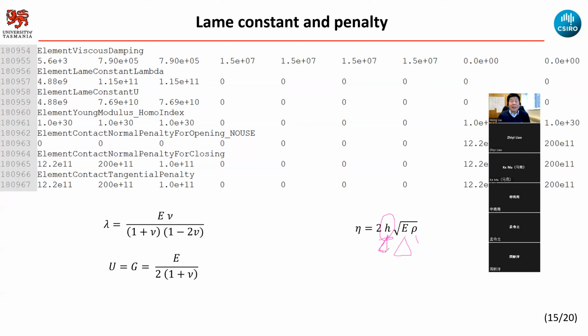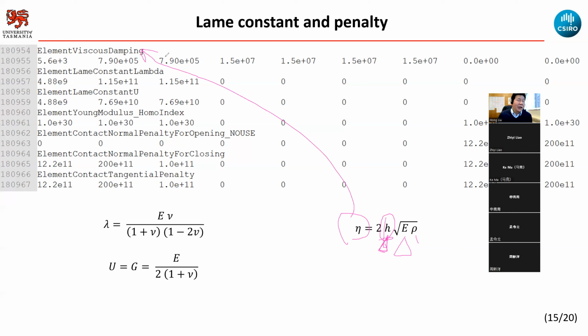Yeah, especially if you're using an unstructured mesh, non-uniform mesh, it's difficult for you to determine what H is here. Actually, our program will automatically calculate the viscous damping, as long as in the control parameter you ask the program to calculate that automatically.